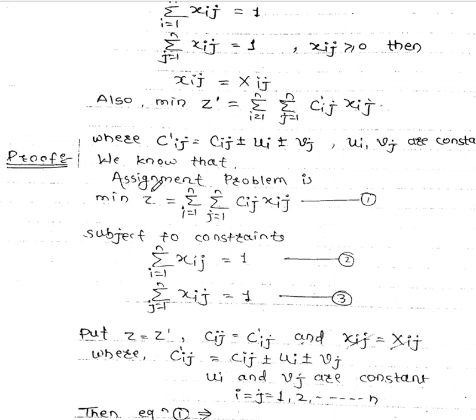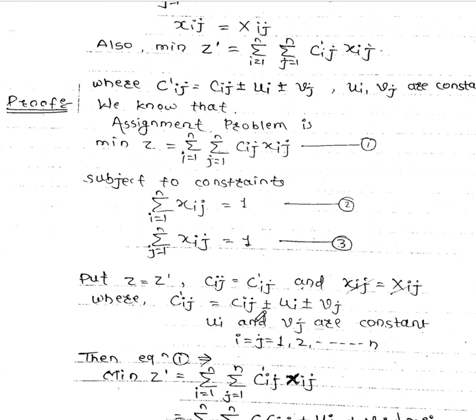In this definition of the assignment problem, we will substitute Z equal to Z dash, Cij equal to C dash ij, and xij equal to capital Xij. Here we have the notation C dash ij equal to Cij plus or minus Ui plus or minus Vj, where Ui and Vj are constants, with i and j varying from 1 to n.